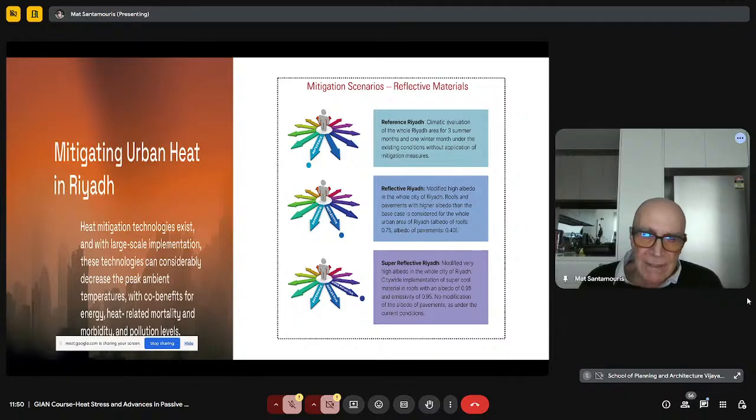So the ultimate goal is to decrease the absorption of solar radiation, which can be done by increasing the reflectance of the materials, and at the same time increase as much as possible the losses of the materials, which can be done by increasing their emissivity.